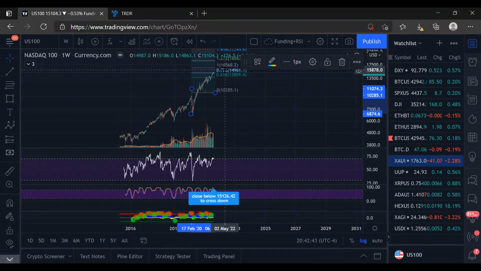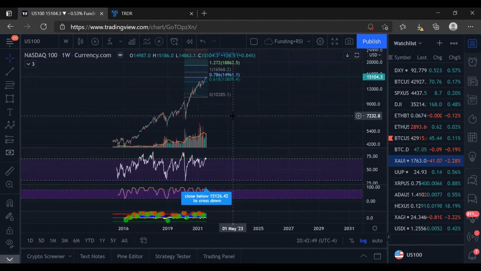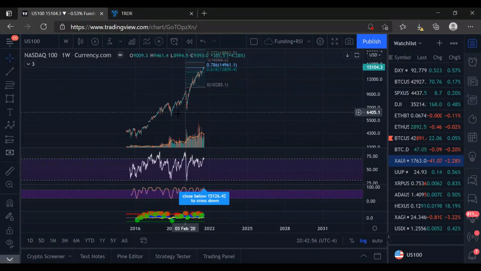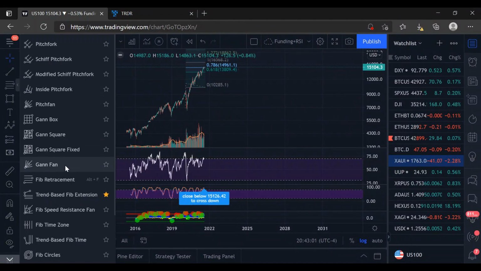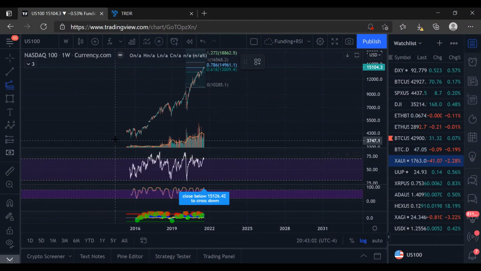Didn't make target yet. 16.5. I want 16.5. There's your 3-wave right in there. Let's see the projection of that. Split extension. We're talking on a weekly chart here.